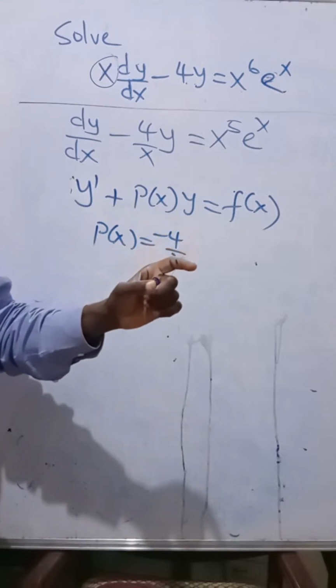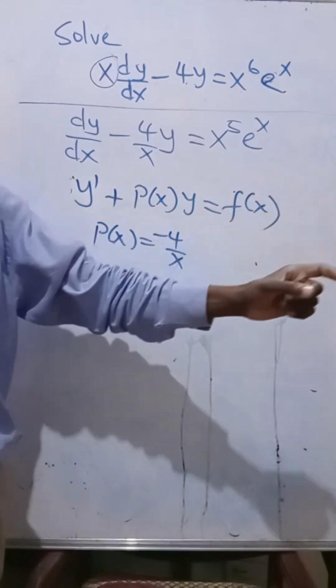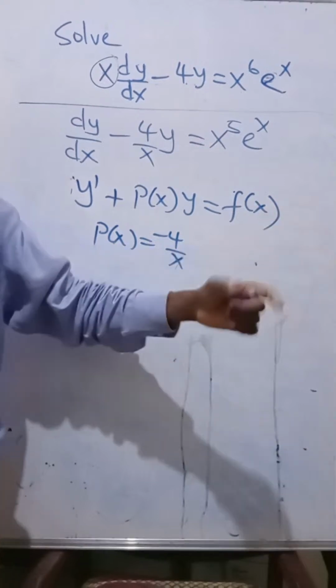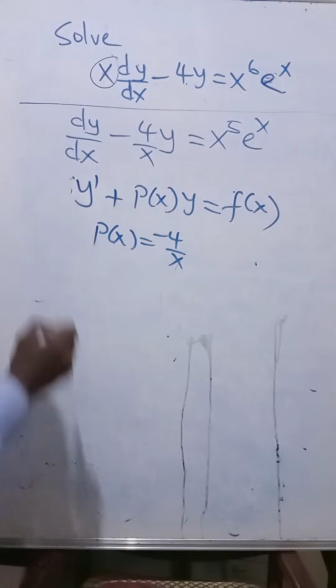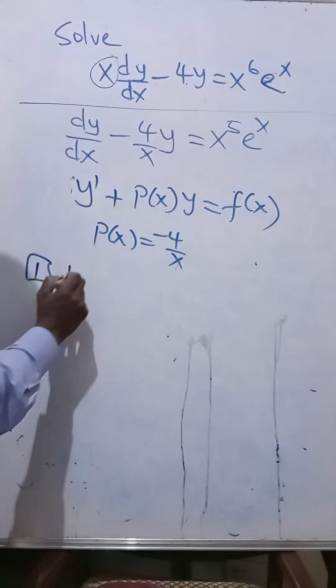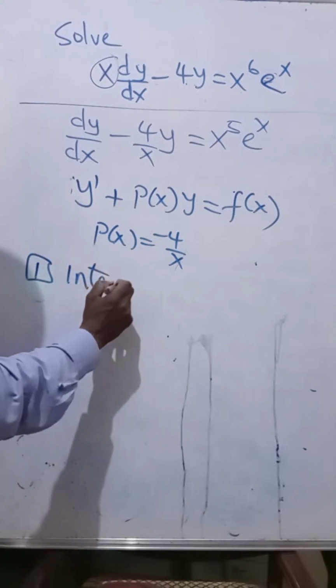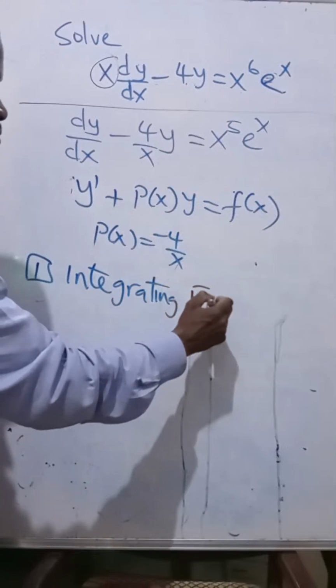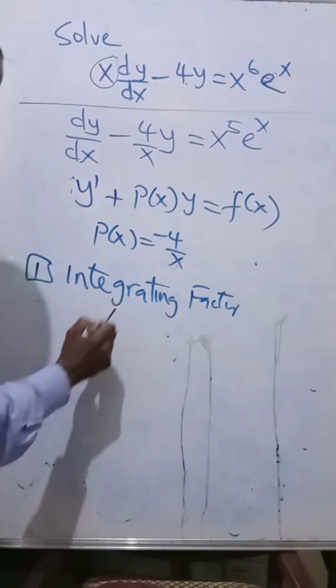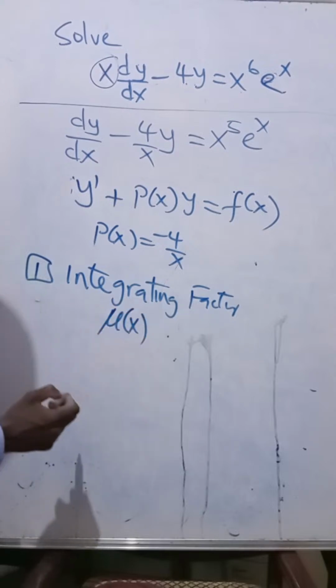The question to ask now: how do we solve, or what are the steps to be taken when solving a linear differential equation? The first step is to get the integrating factor. It has this symbol, mu, and it's a function of x.